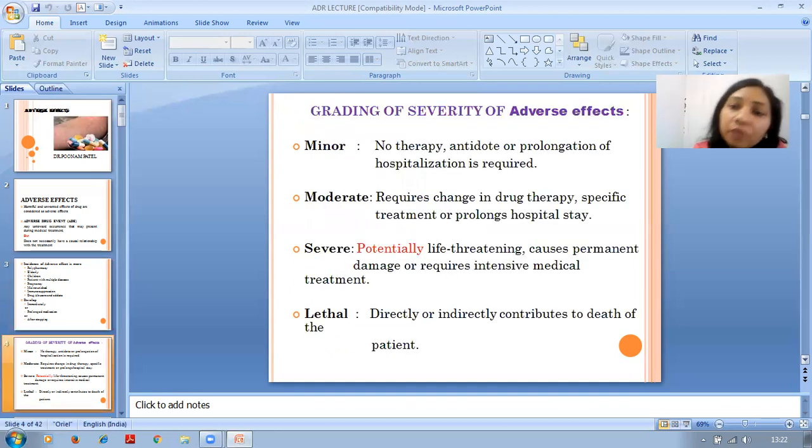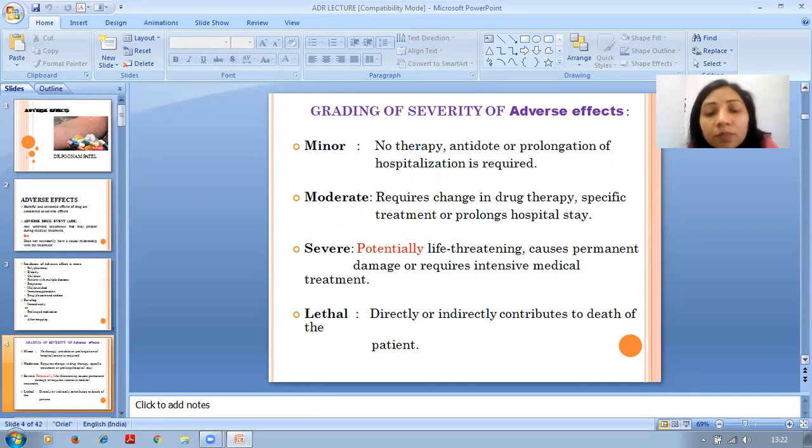Grading of severity of adverse effects. Most of the time, adverse effects are minor and they don't require any therapy or antidote, or cause prolongation of hospitalization. But in certain instances, they can be moderate and require a change in the drug therapy.